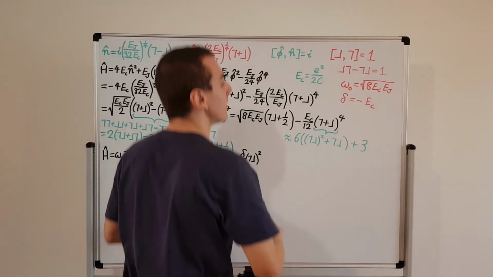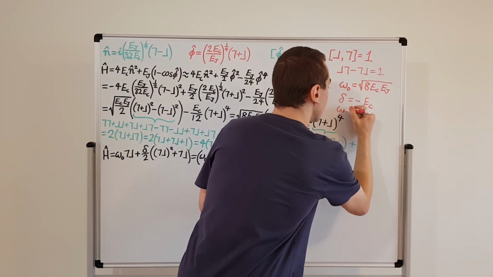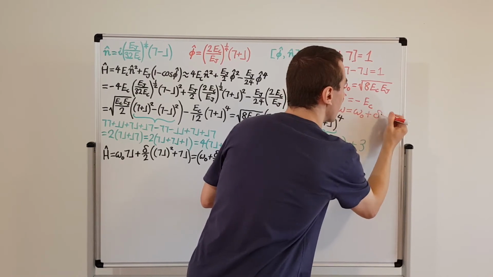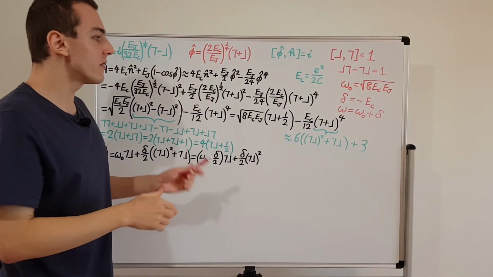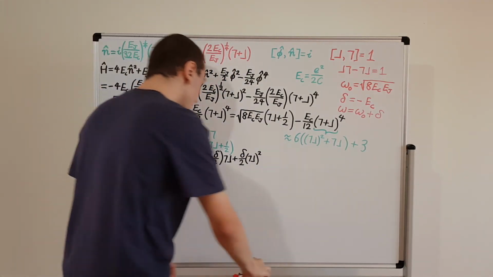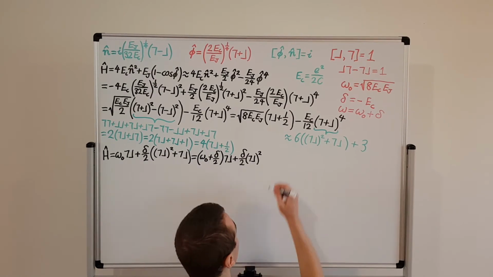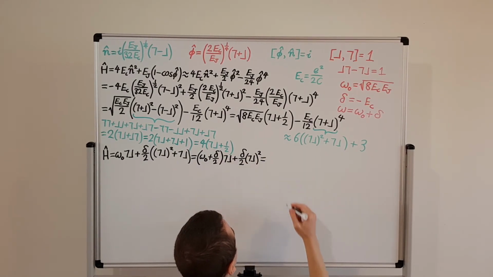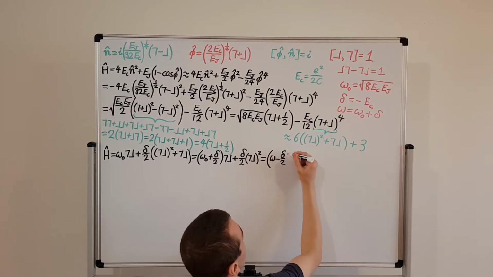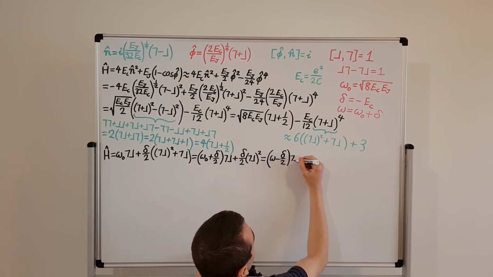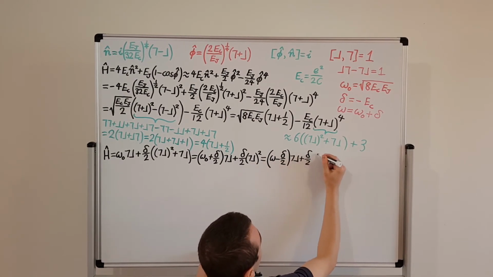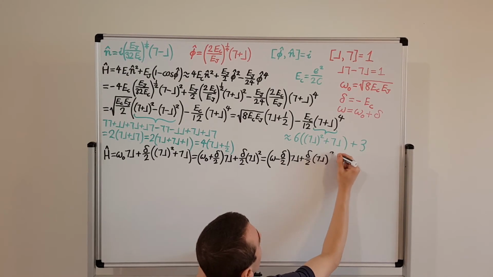Now what I want to do is define another quantity. I'm going to define omega is equal to omega naught plus delta. So this is just another definition, omega naught plus delta. And if I substitute that in over here, what is that going to give me? Well, it's going to give me this form. We're going to have omega minus delta on 2 times creation annihilation plus this delta on 2 creation annihilation squared.